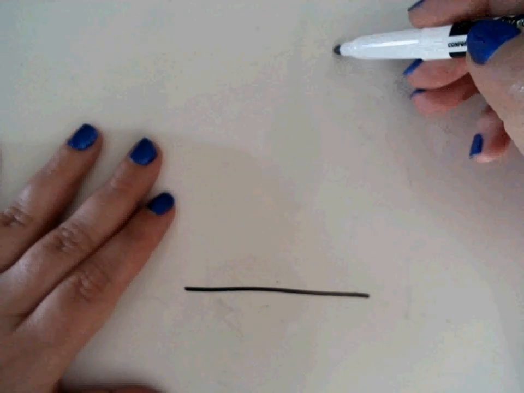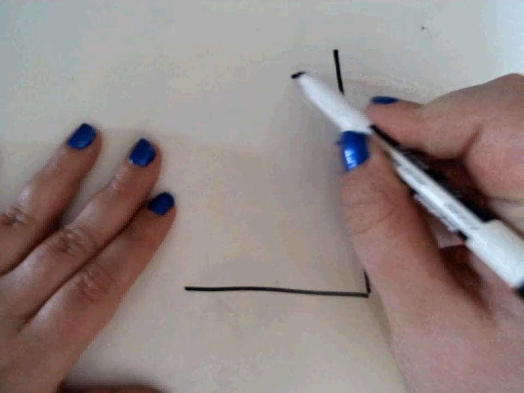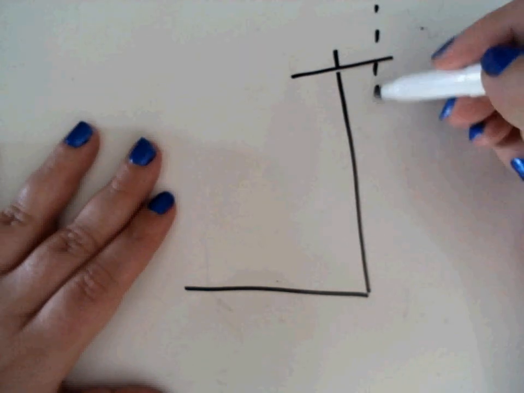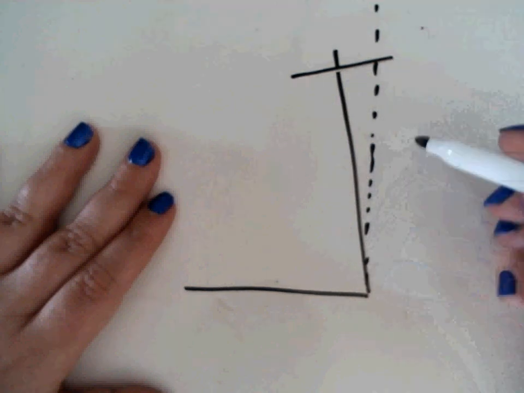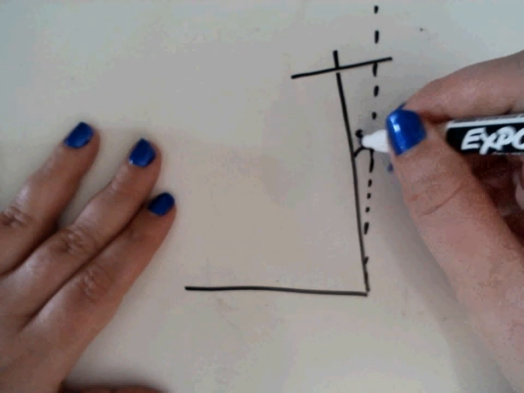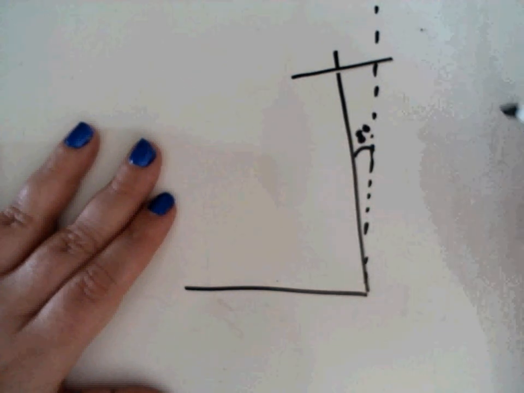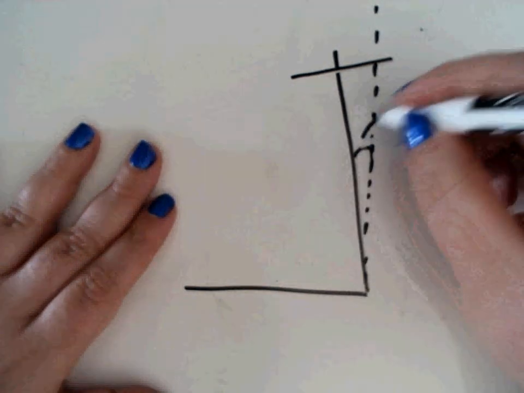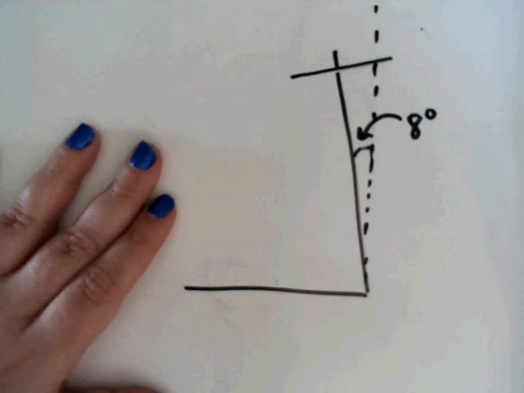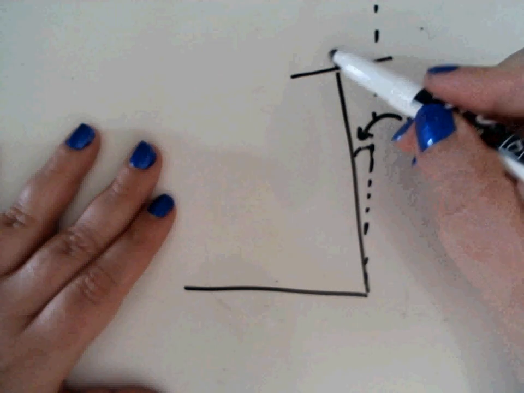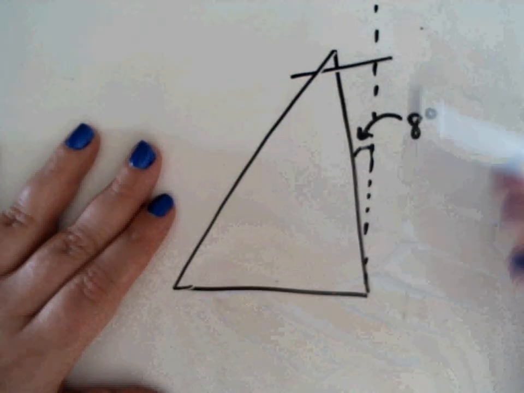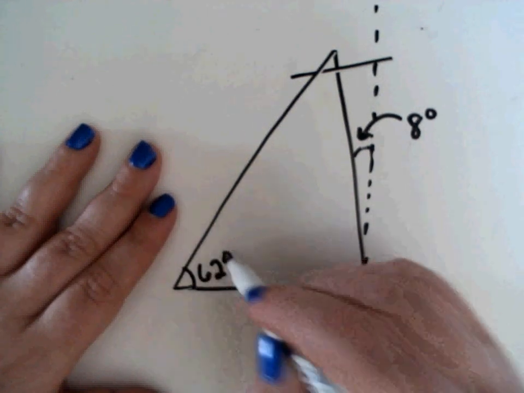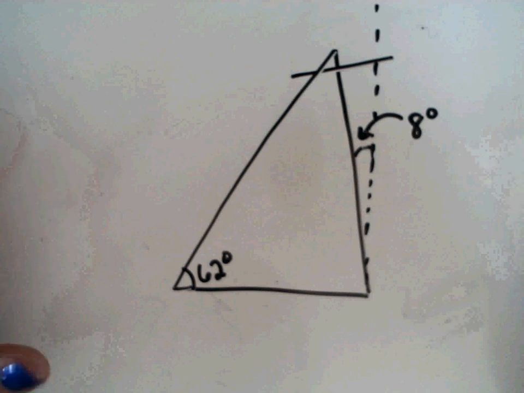Okay. So I'm going to zoom back out on my marker board. With an angle of elevation of 62 degrees, we've got the light pole, and this angle is 8 degrees. It's terrible. And we're supposed to find the length of the pole.